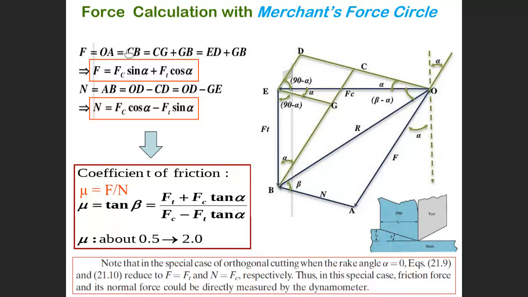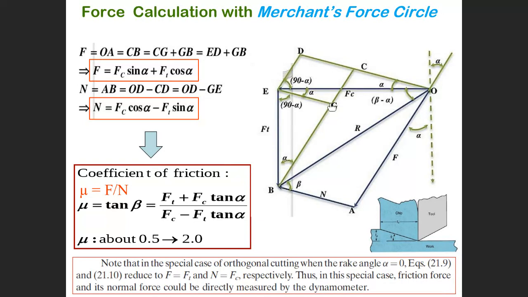This GB can be obtained from FT, with angle alpha, so GB equals FT cosine alpha in this triangle.